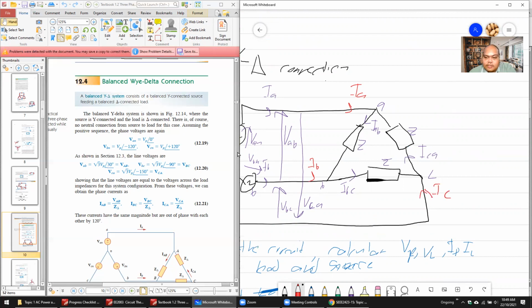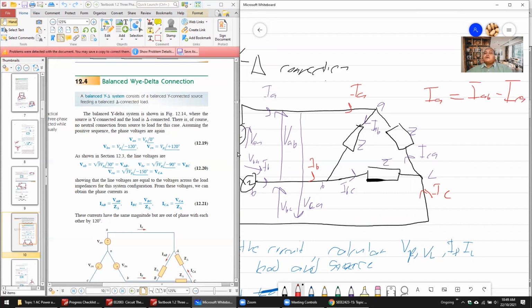You already have IAB, IBC, and ICA, so how do you find these line currents? Of course you use Kirchhoff's current law. So IA is equal to, this is in, this is in, this is out, so IA is equal to IAB minus ICA.